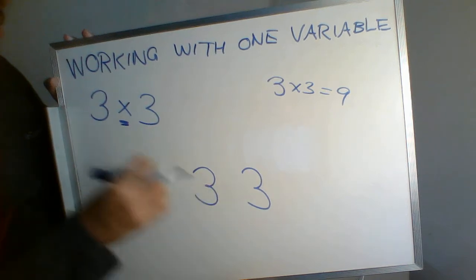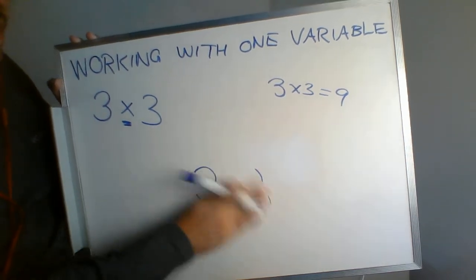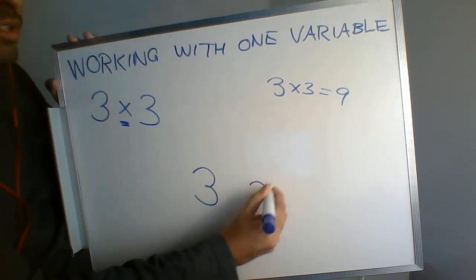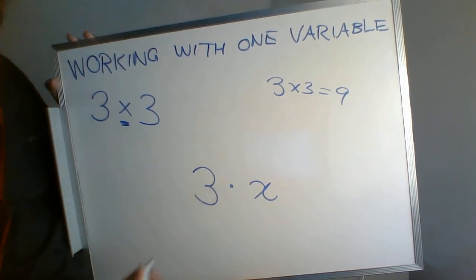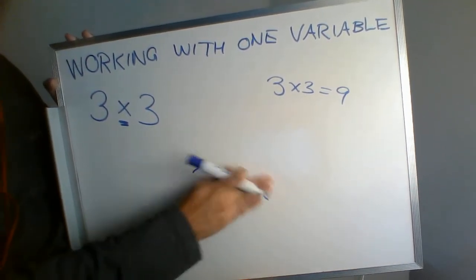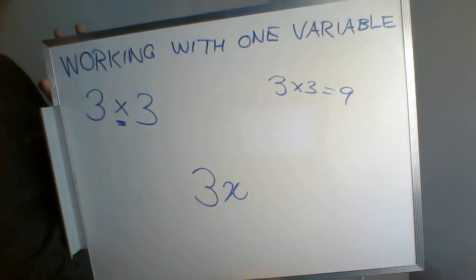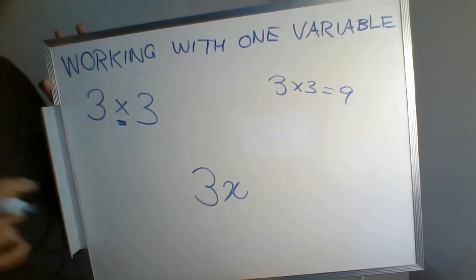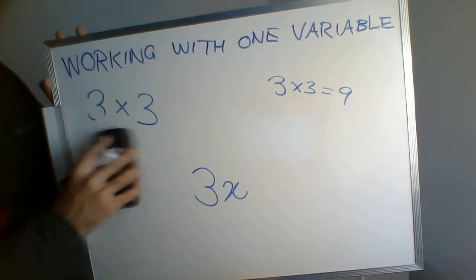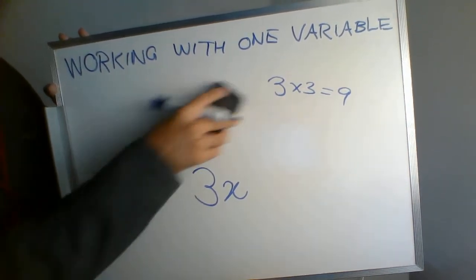So if you're working with numbers, use the x. If you're working with numbers and letters, you could use the dot, or you could just play it safe. And if you're working with numbers and letters being multiplied together, don't even put anything, just stick the two things together.